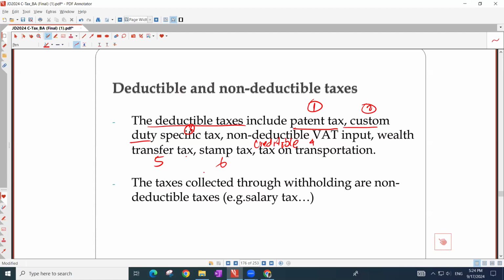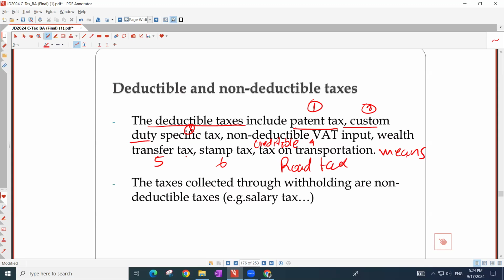And tax on transportation, which you pay, sometimes they call road tax, or tax on transportation means. The official name is tax on transportation means, but many will say road tax, right?